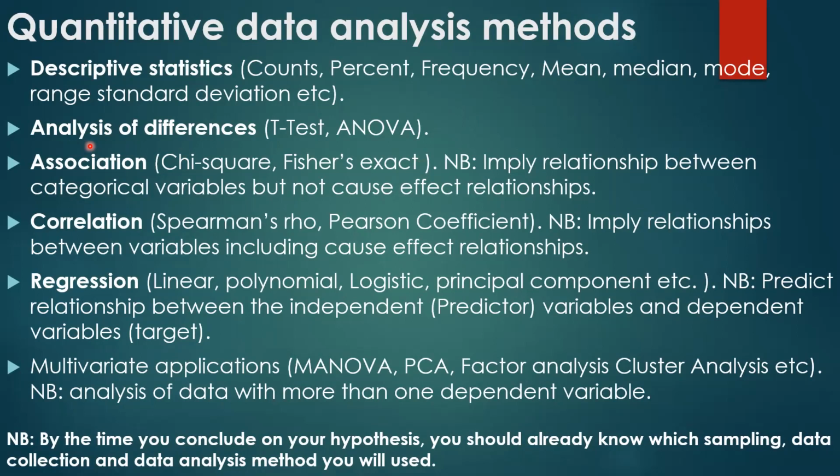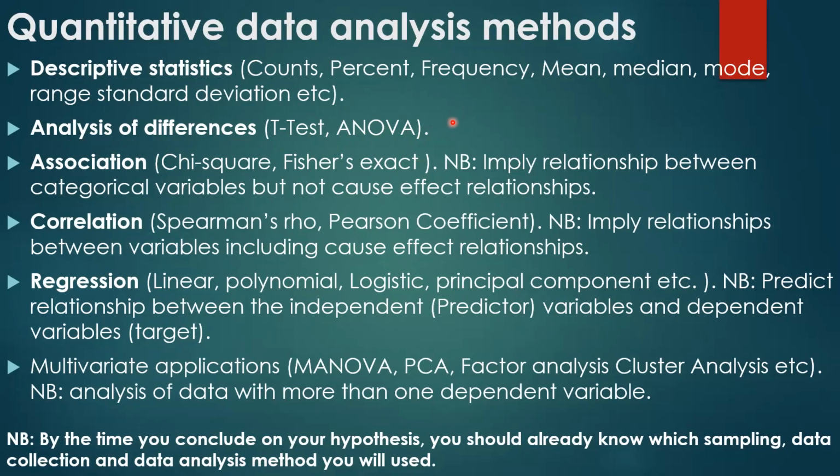Then the next one is analysis of differences. This is what I call analysis of variance. You analyze variances between groups, and the groups are the groups in the independent variable.